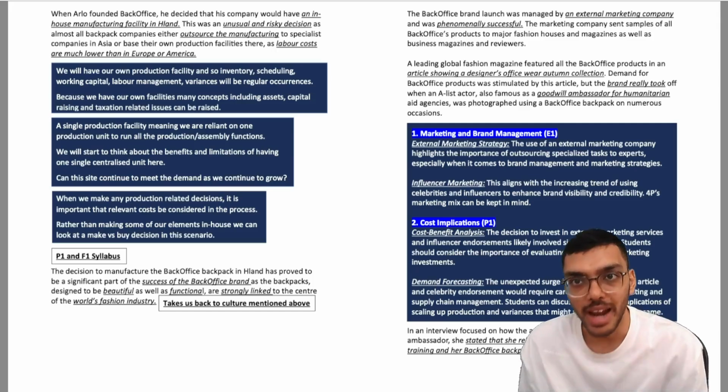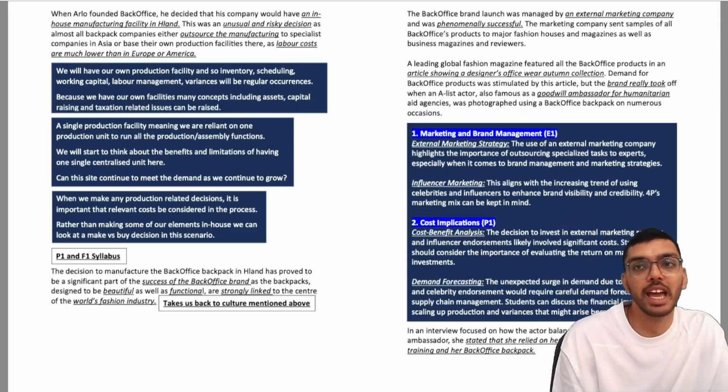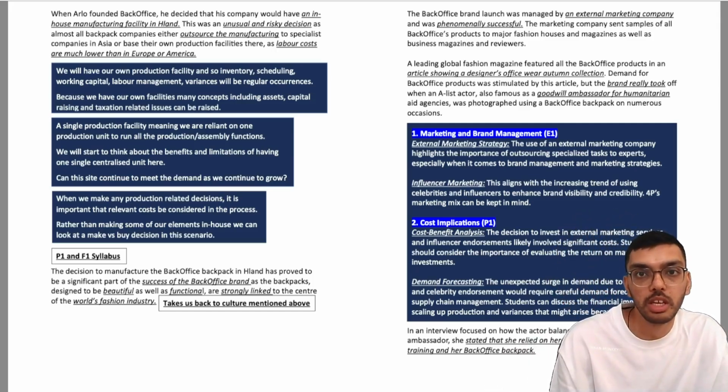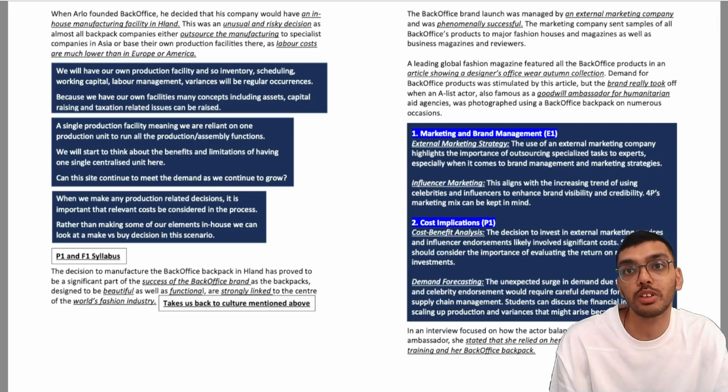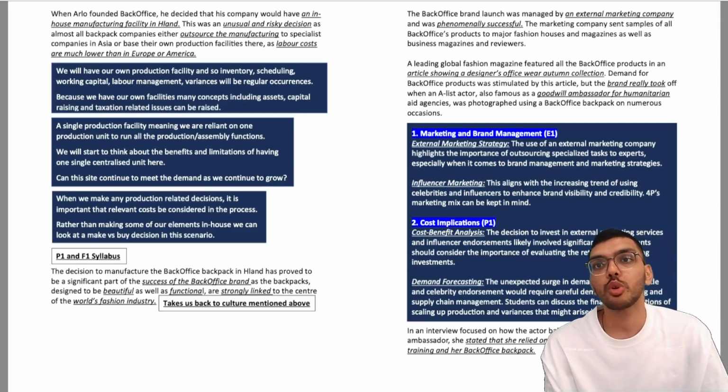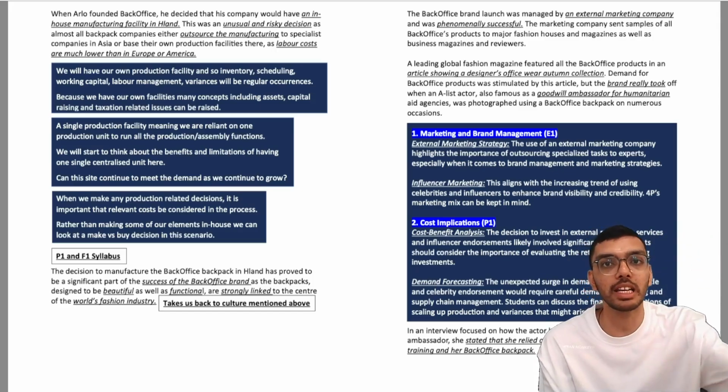The BackOffice brand launch was managed by an external marketing company and was phenomenally successful. The marketing company sent samples of all BackOffice products to major fashion houses and magazines as well as business magazines and reviewers. Remember, our launch was by an external marketing company.